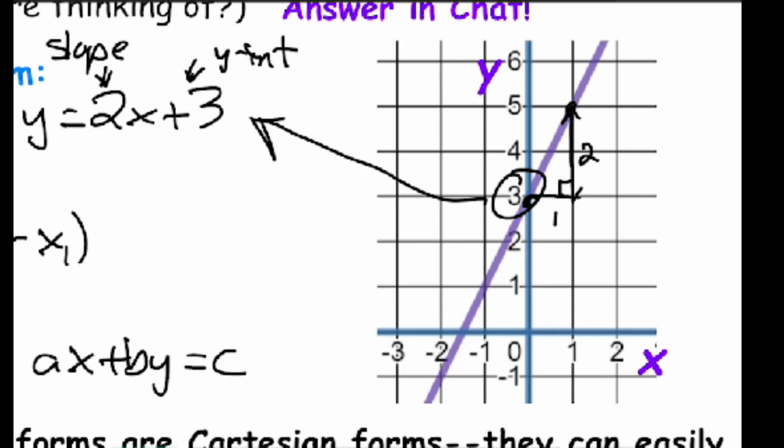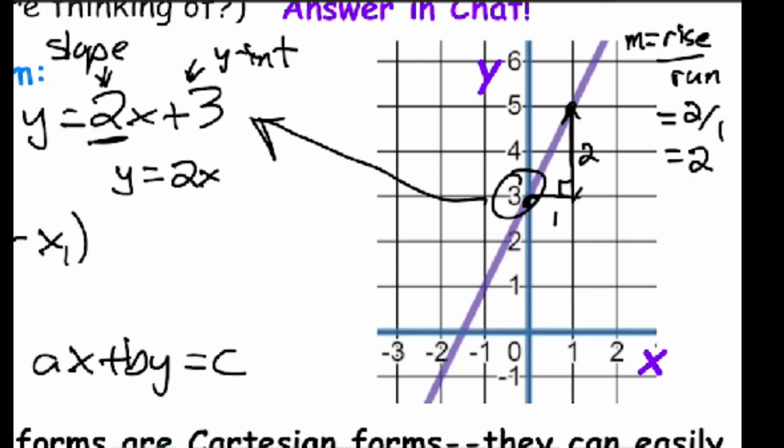Easy to work with. Over 1, up 2. So slope is rise over run. Rise is 2, run is 1. So our slope is 2. And so we can easily find our equation right here: y equals slope of 2, x plus our y-intercept of 3.